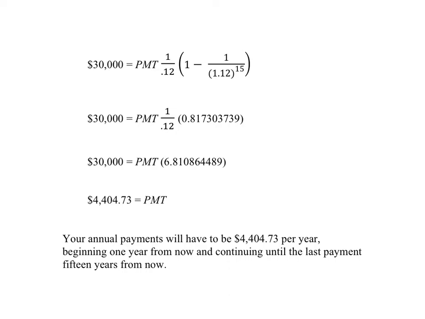Now we compute our way through the formula. $30,000 equals PMT times 1 over 0.12 times 0.817303739. So we have to be a little bit careful computing that value. Sorting this out, we find that PMT is multiplied by 6.8, etc., etc. So we find PMT by computing $30,000 divided by this factor 6.8 something.